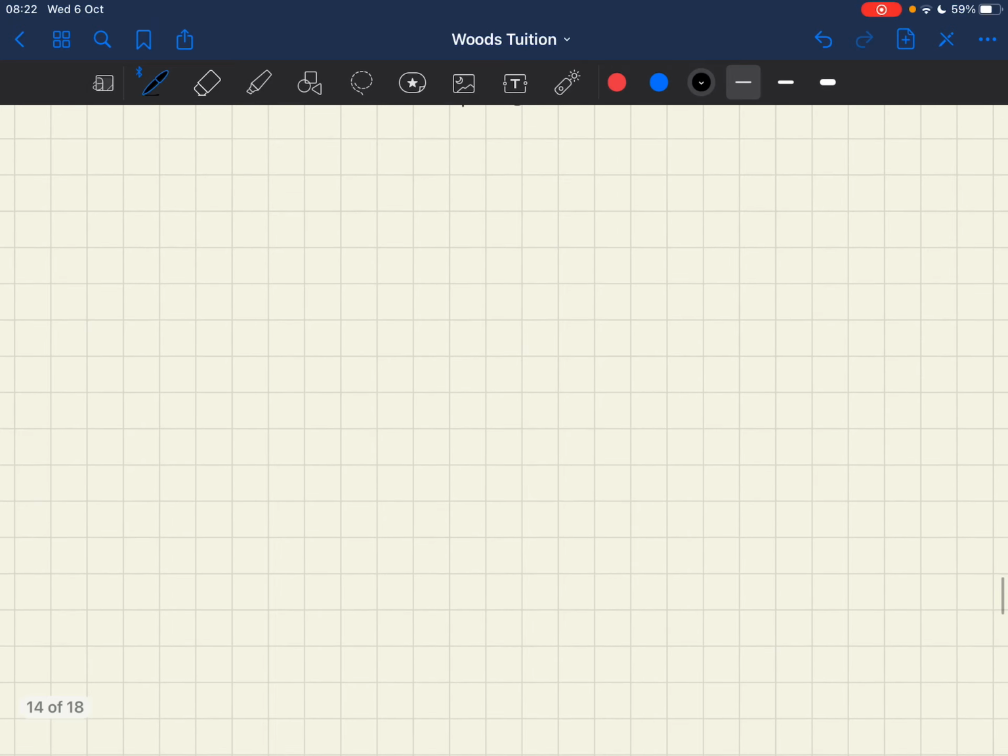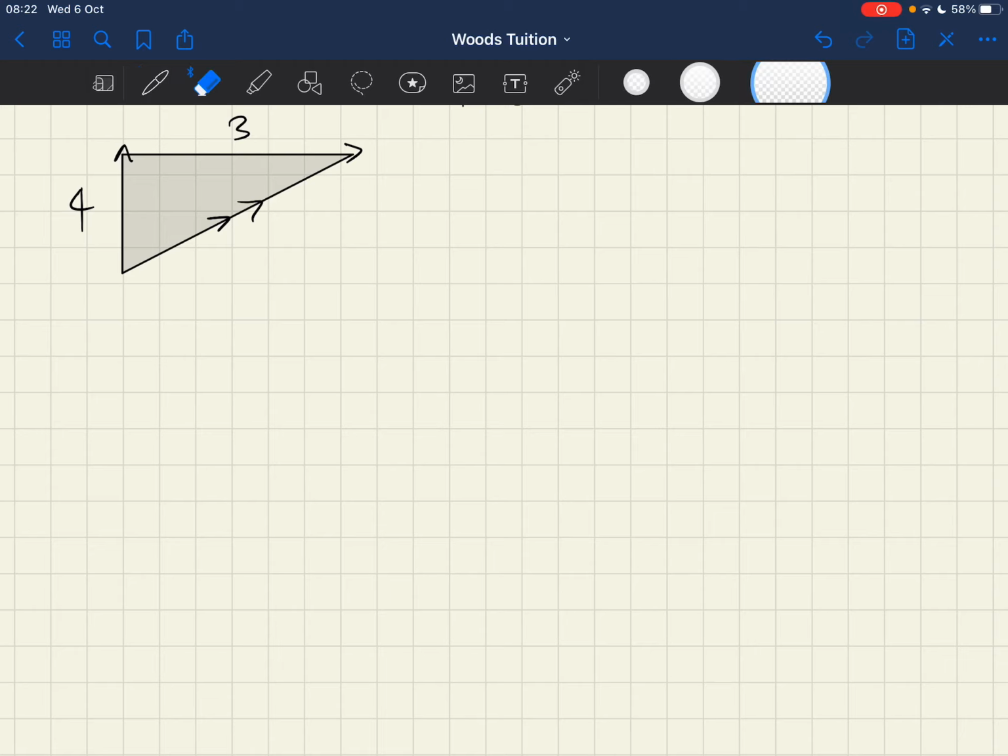So coming on to adding and subtracting vectors. We do this by going from nose to tail. So if this vector is 4, and this vector is 3, then the resultant between them, we draw like that, and the way we find the resultant is just through Pythagoras, because we've just drawn a triangle.